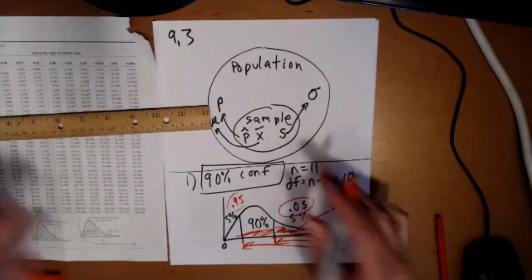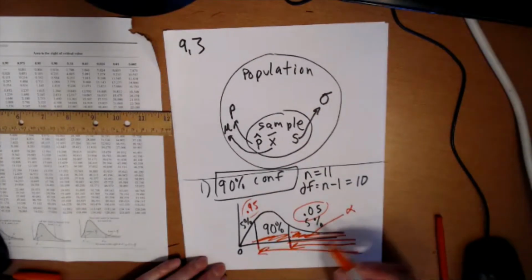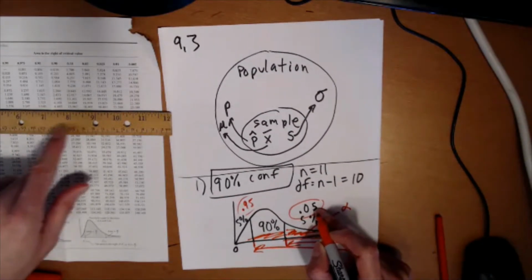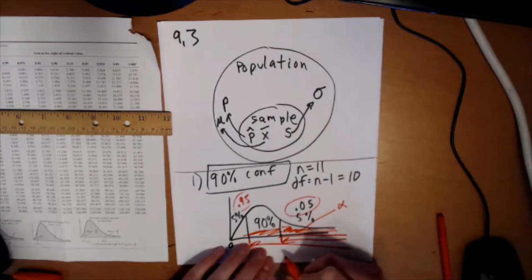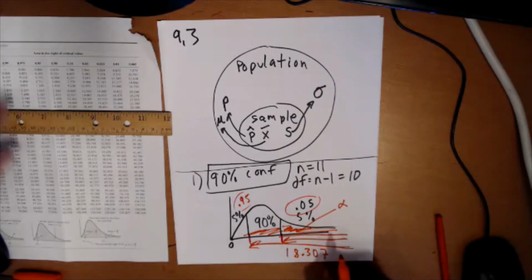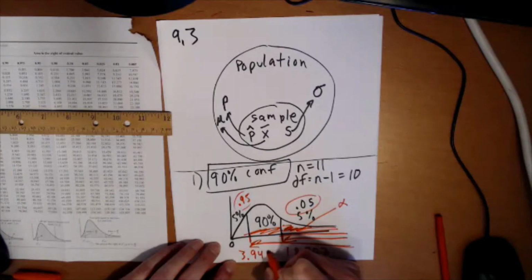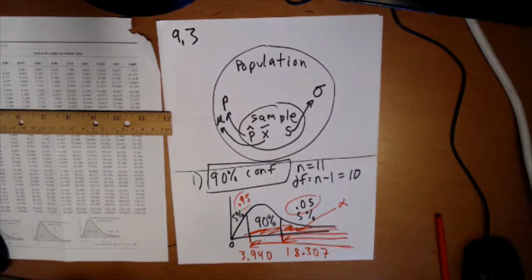So once again, df of 10, 0.05 gives 18.307, and 0.95 gives 3.940.